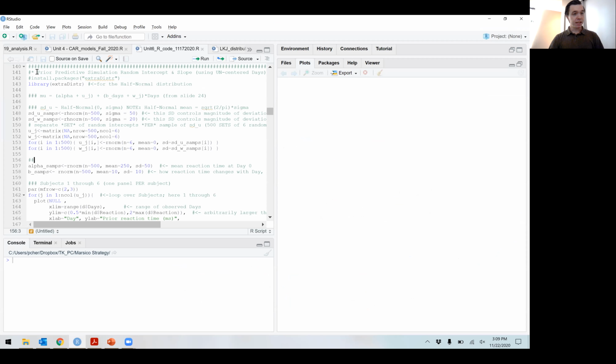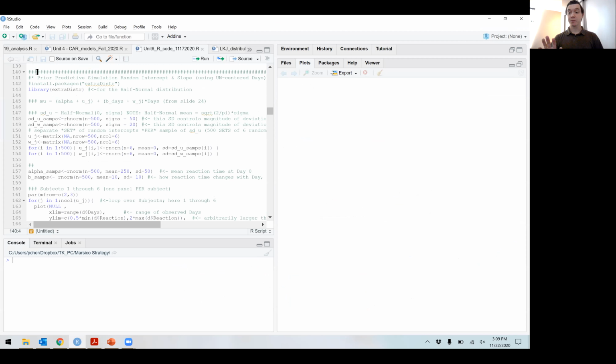So prior predictive simulation last time was pretty complex, so I'll just go through it this time, pointing out all the ways in which this is different than the single level prior predictive simulations we've been running in the past. A reminder of what our mean is.